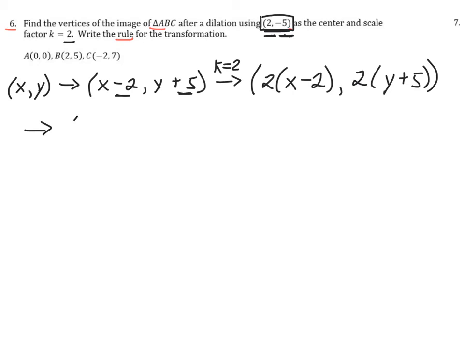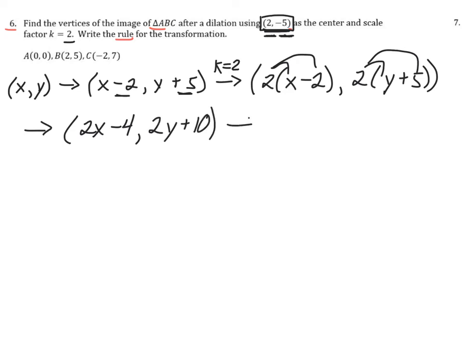So next, I'm just going to simplify it down here. When I distribute, we're going to get 2x minus 4, and 2y plus 10. Lastly, now I want to translate it back to where it came from. So I want to undo what I did initially.